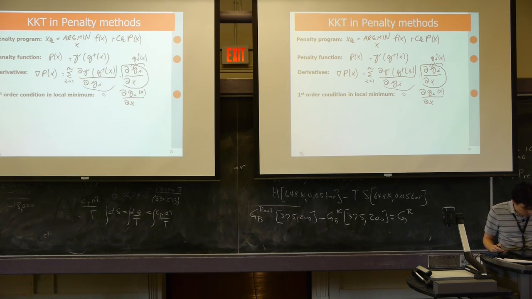Okay, so our goal is to minimize this function, and we already know the derivative of px. So what's the first order condition in a local minimum? It is that its derivative is 0. So at xk, the derivative of f at xk plus ck times the derivative of p at xk, that's 0.